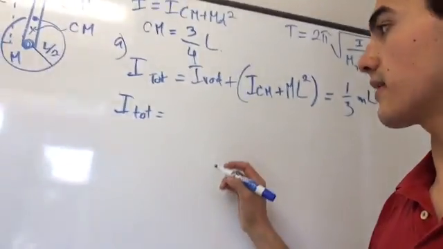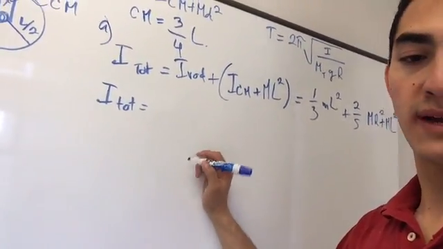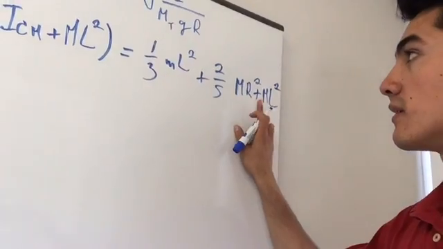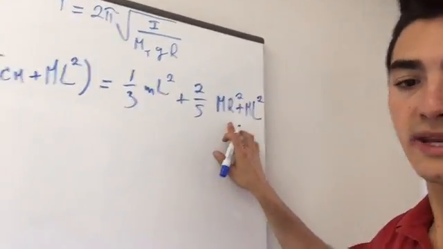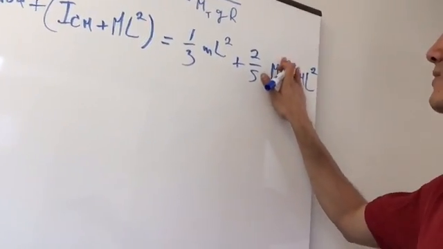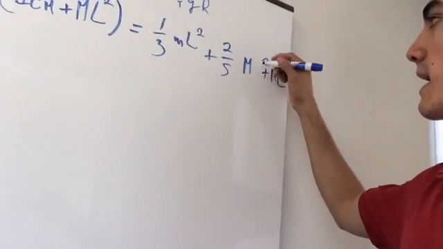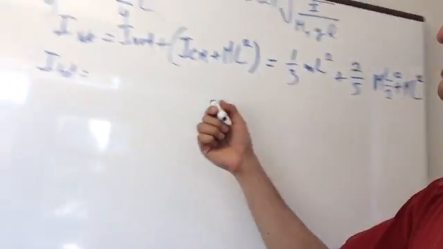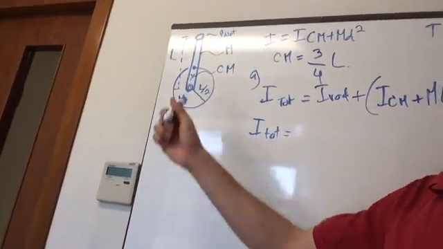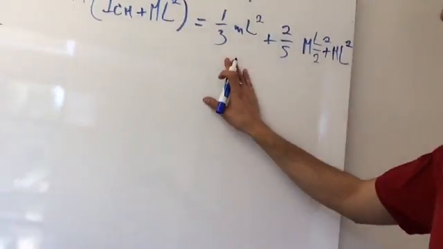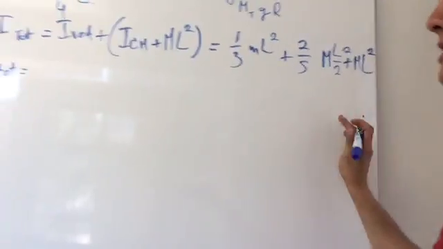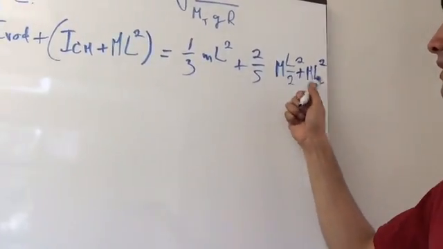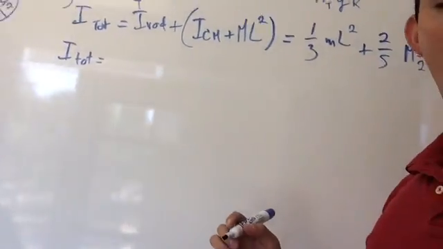The radius we know is equal to L over 2, because it says so here. So now we have our equations in terms of L and m.